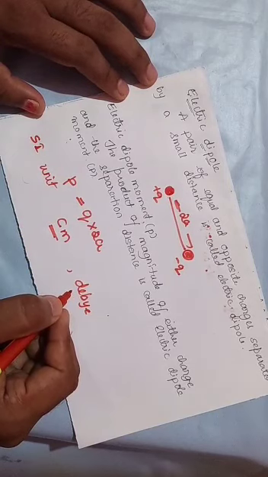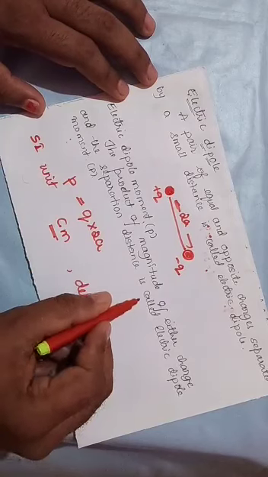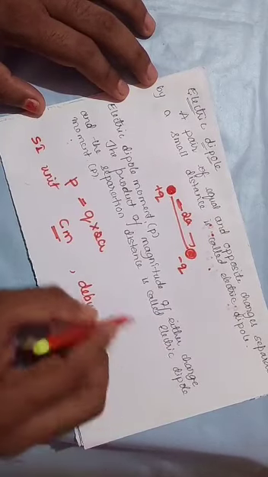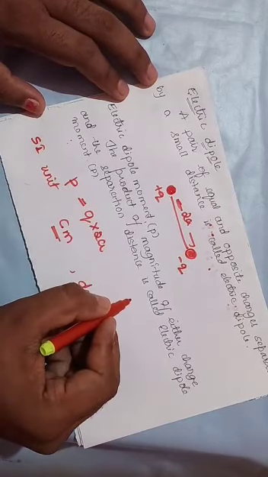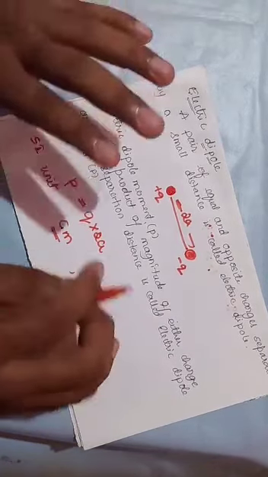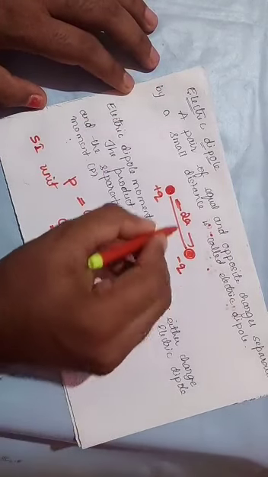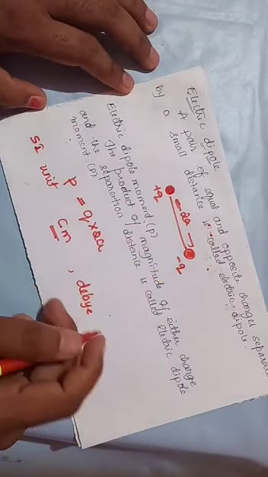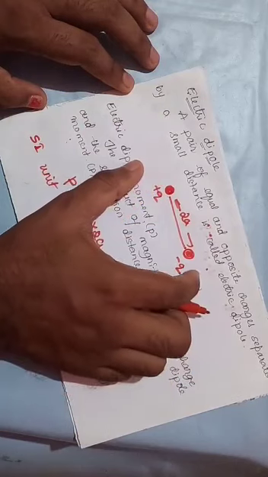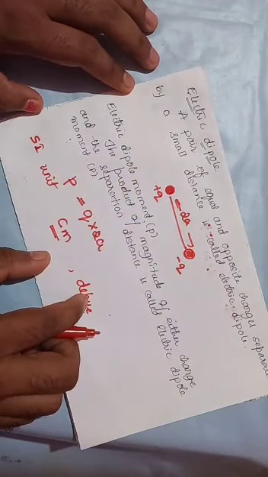So understood? The electric dipole moment is the product of the magnitude of either charge and the separation between them. Electric dipole is the pair of equal and opposite charges separated by a small distance. This is the system, and the magnitude of this system is the electric dipole moment.